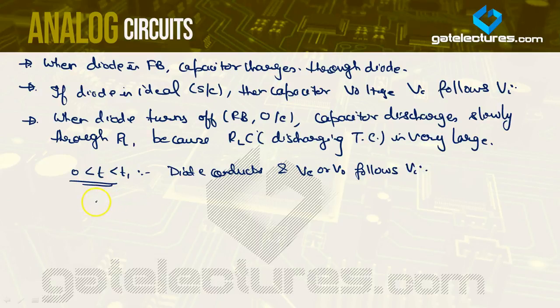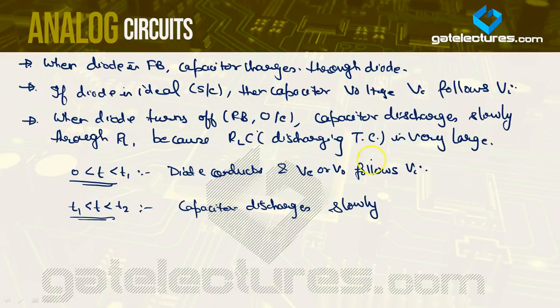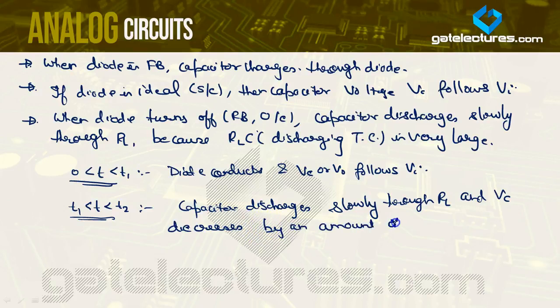When time T lies between T1 and T2, your capacitor discharges slowly through RL, and Vc decreases by an amount of Vr.